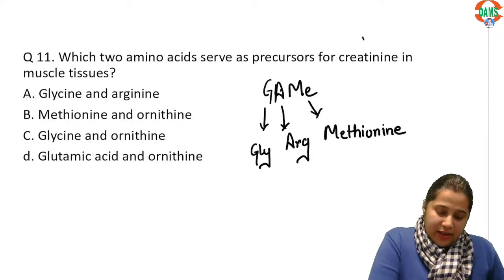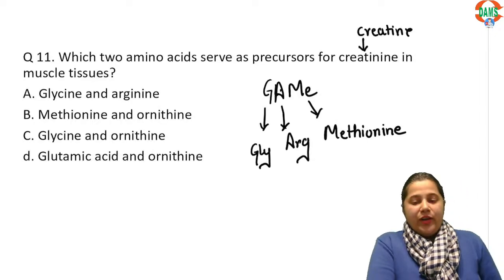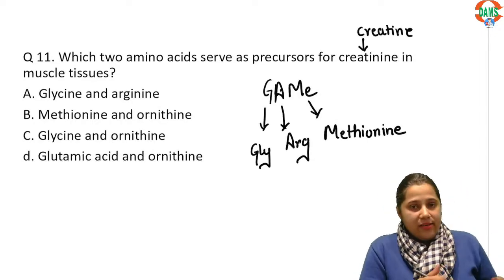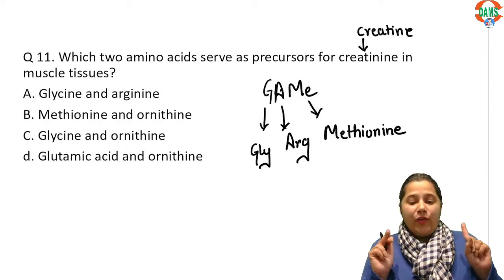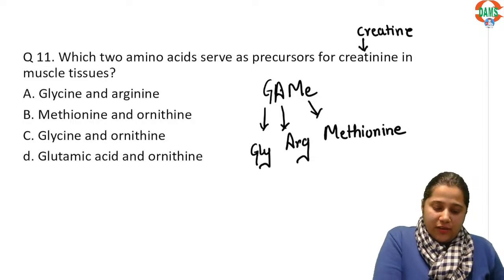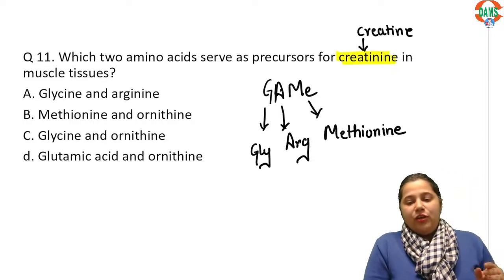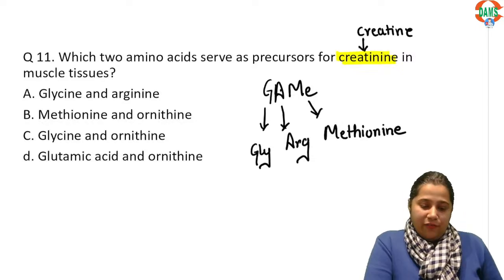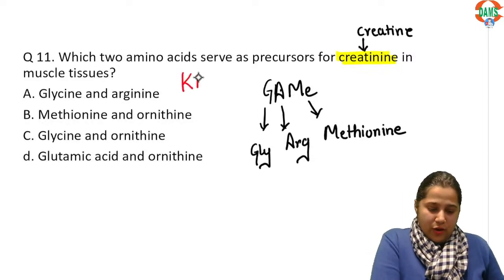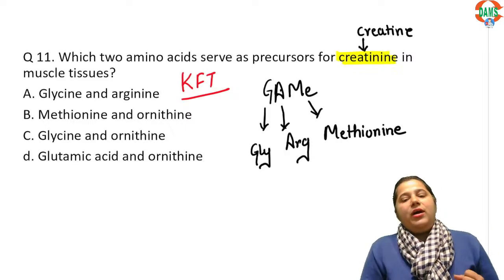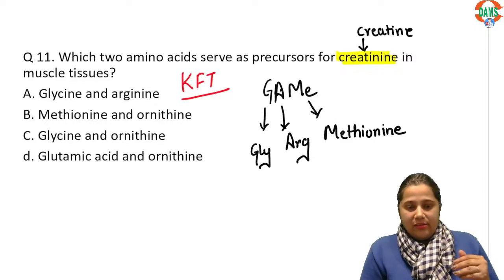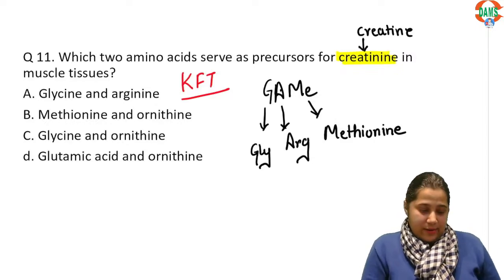Its precursor is creatine. Whenever the half-life of creatine is over, it is spontaneously converted to creatinine. Creatinine is the more famous one because it is used for kidney function tests. So, glycine, arginine and methionine are the 3 amino acids required for the synthesis of creatinine.